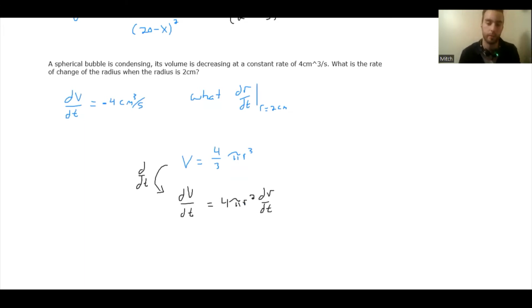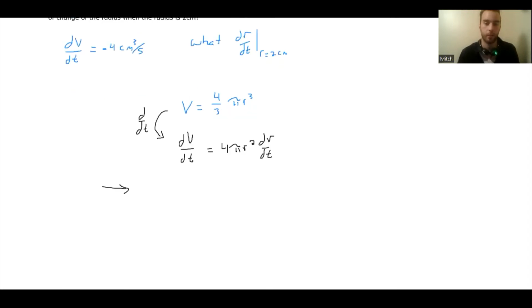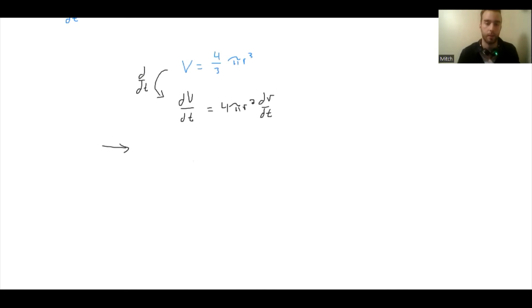So we'll just rearrange this now. So we have our dV by dt divided by 4 pi r squared, and that equals the thing that we're interested in, our dr by dt.